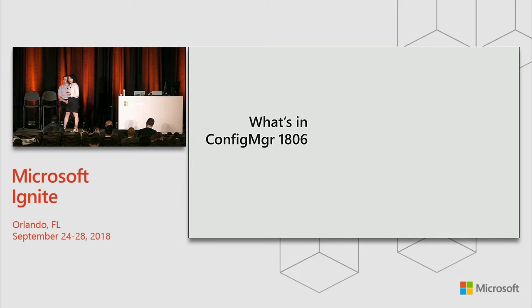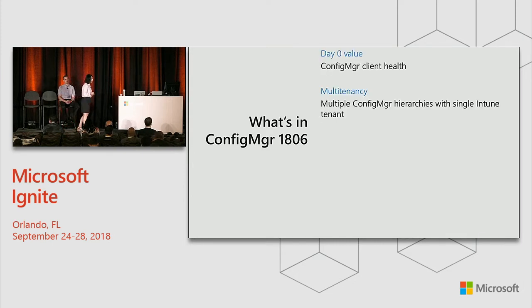Okay. So in the summertime, we just released our latest ConfigMgr 1806. It has a lot of features in this release. And for co-management, we baked in the logic in ConfigMgr so that the client information can be sent to Intune, as I mentioned earlier, so that Intune has the knowledge of the last state of the client.